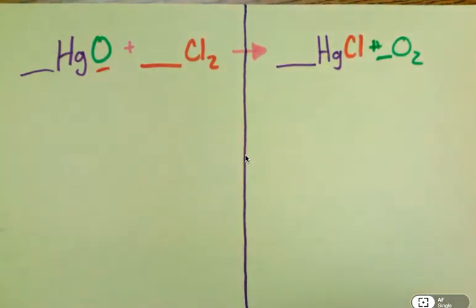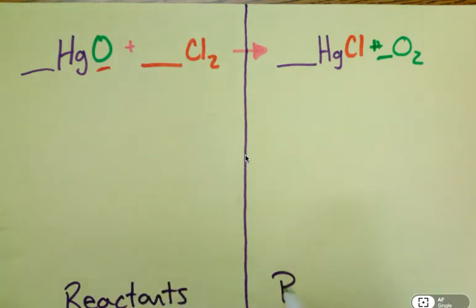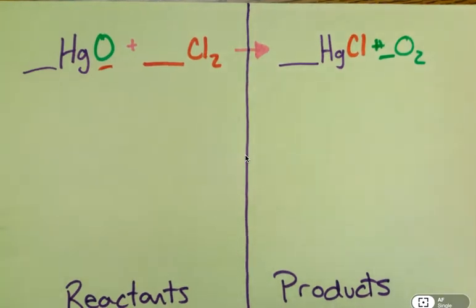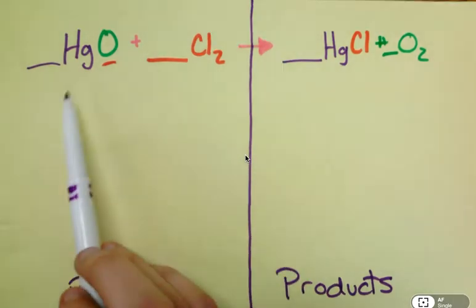So the first thing I do is separate my before side, my reactants, from my after side, or my products. Basically what the law of conservation says is that every atom that goes into a reaction has to come out of it. Alright, so I will start by drawing some diagrams of what I actually have.